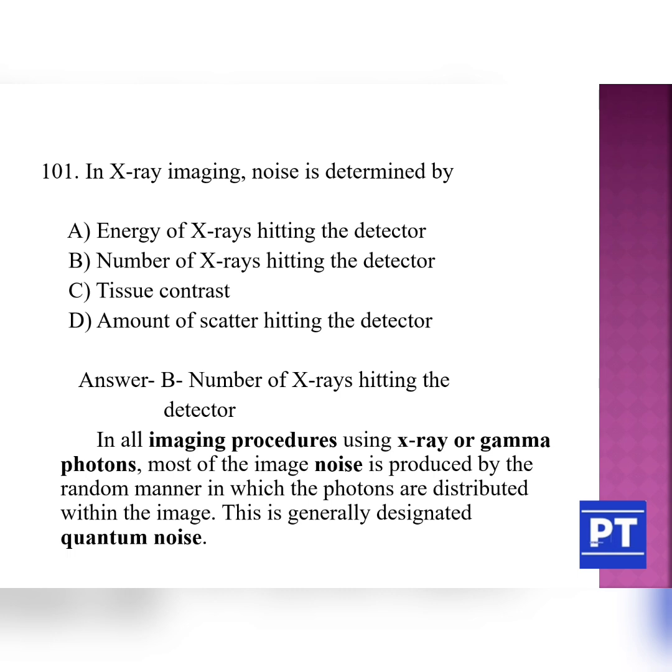In all imaging procedures using X-ray or gamma photons, most of the image noise is produced by the random manner in which the X-ray photons are distributed within the image. This is generally designated quantum noise.